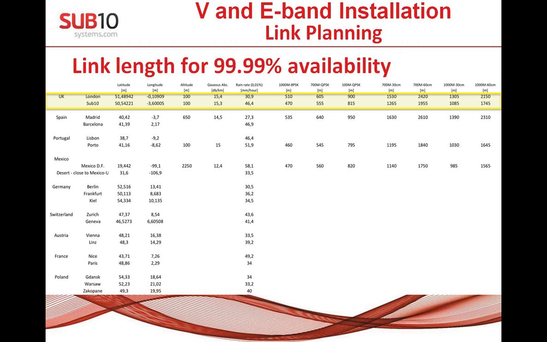Look at this. We have two places in the UK, London and the Sub10 office, and you see what the difference is. For example, if I'm looking at V-band and full gigabit, which is this 100 MPSK column, in London I can go for 510 meters, but in Eschhaus, to have the same availability, I am limited to only 470.